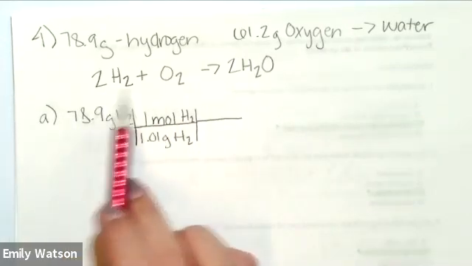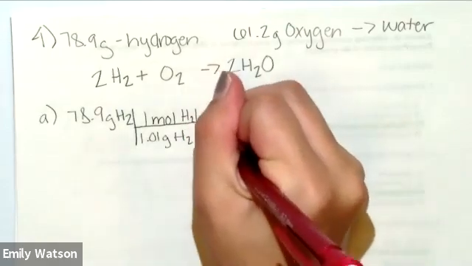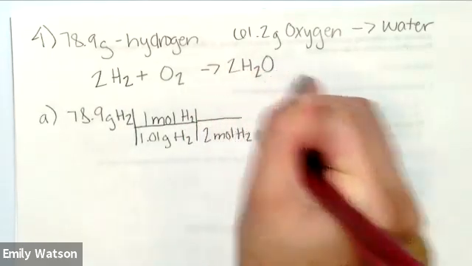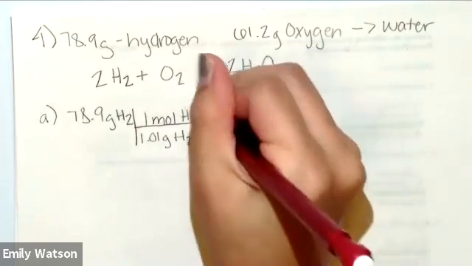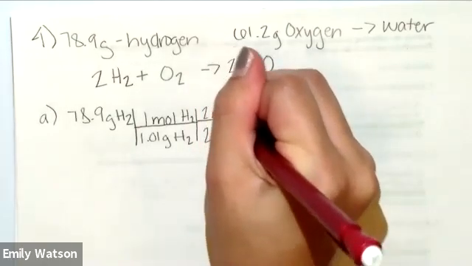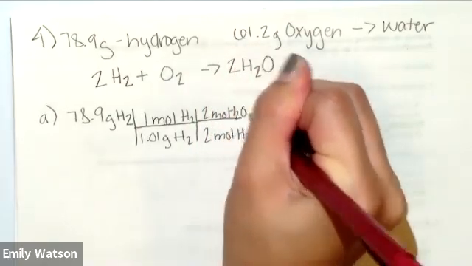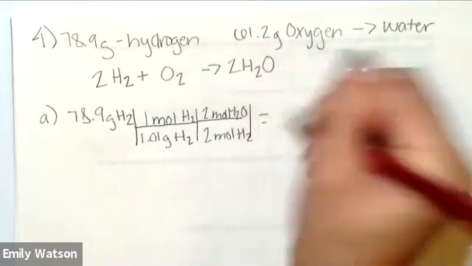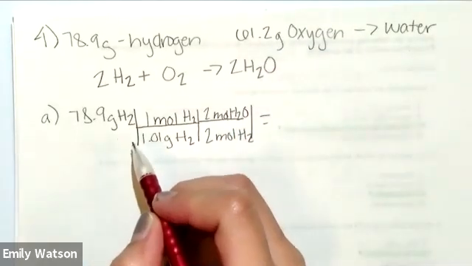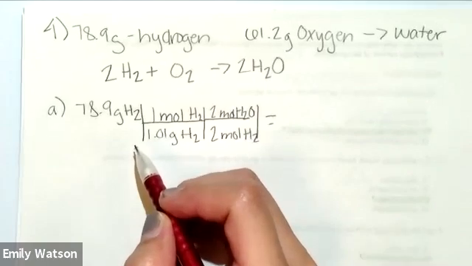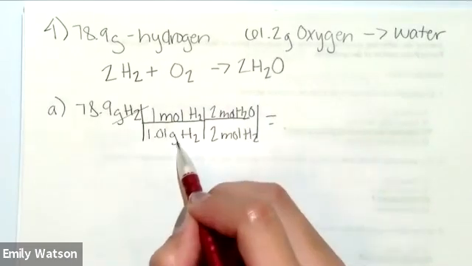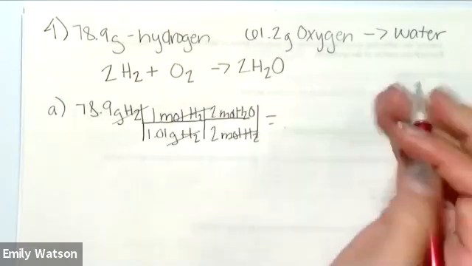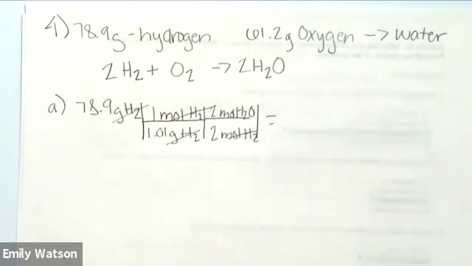In the reaction, we have 2 moles of H2, and we go to 2 moles of H2O. That makes sense? Okay. Is this for finding the limiting reactant? Yes. So how many moles of H2O do we get?